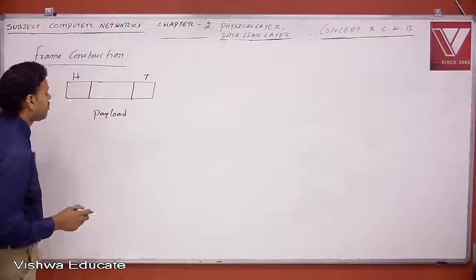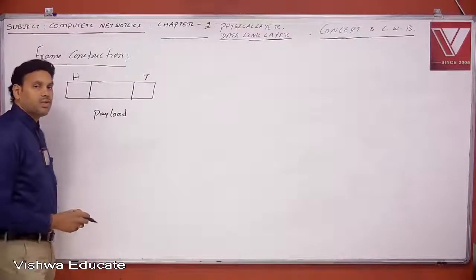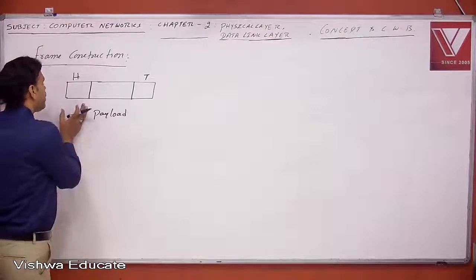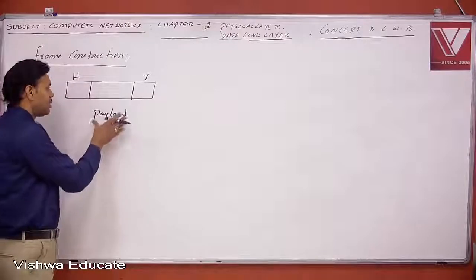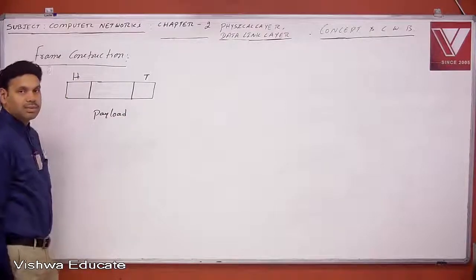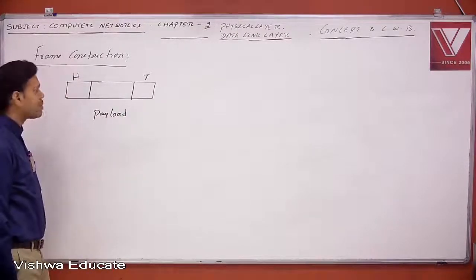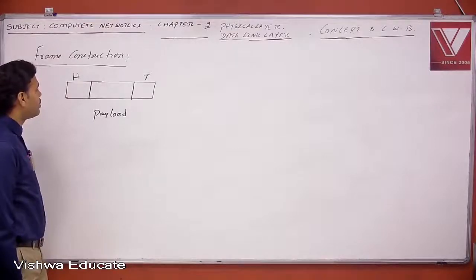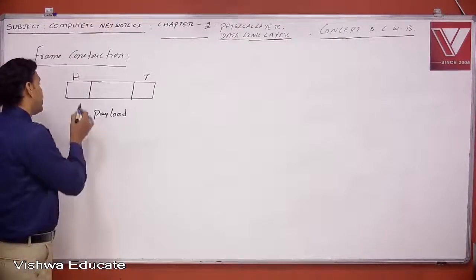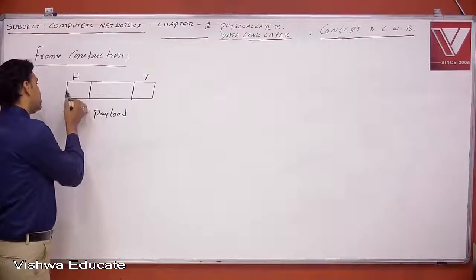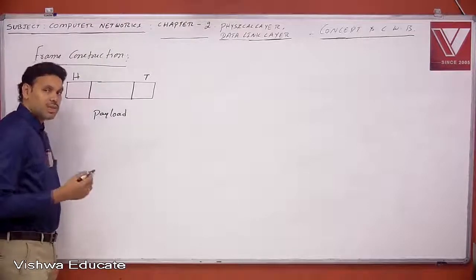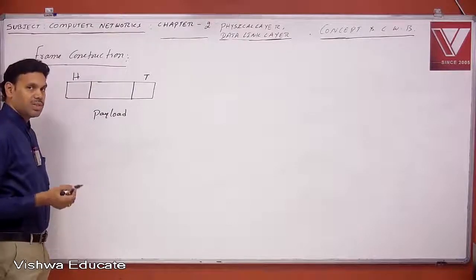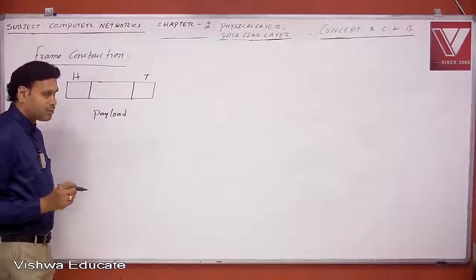Now see, this is your frame format. The first part of your frame is the header, the last part is the trailer, and the middle part is the payload. Every frame is associated with a unique sequence number, and the sequence numbers can be reused later once the previous ones are consumed.